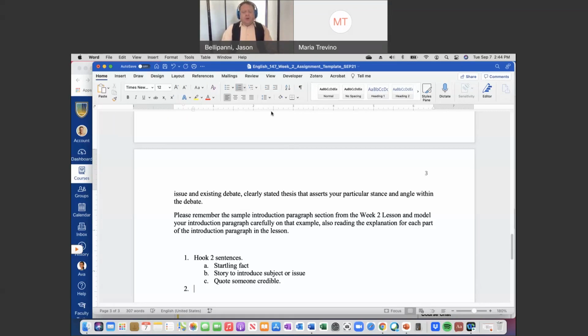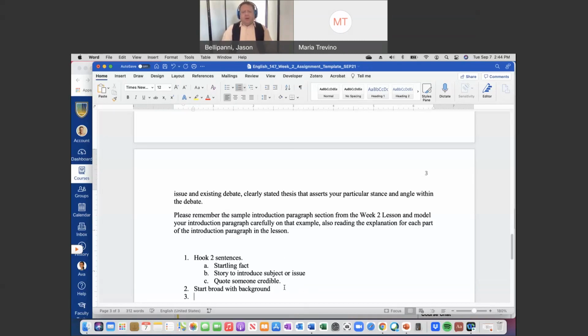Then basically you start broad with a background of whatever the subject is. So you're giving a little bit of background or context to whatever your argument's going to be. I mean, for all of us, I'm assuming we're going to put in something about how the climate's a disaster, like it's getting worse or something. So that's basically our background part.